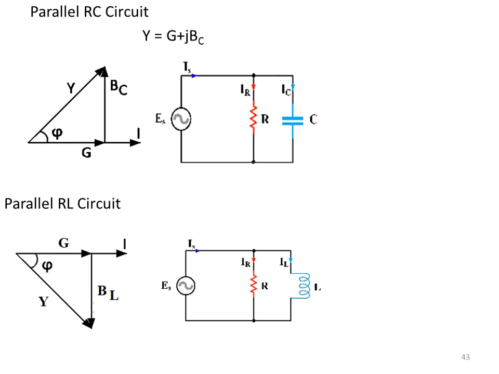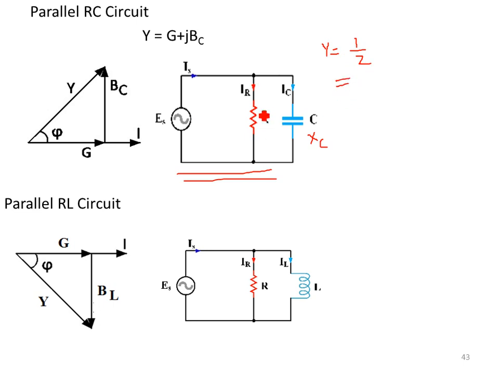First, I am going to deal with the parallel RC circuit. Here I am showing a parallel RC circuit, where resistance and capacitance are connected in parallel. Let the capacitive reactance of the capacitor be XC. Therefore, the effective admittance is given by Y = 1/Z.